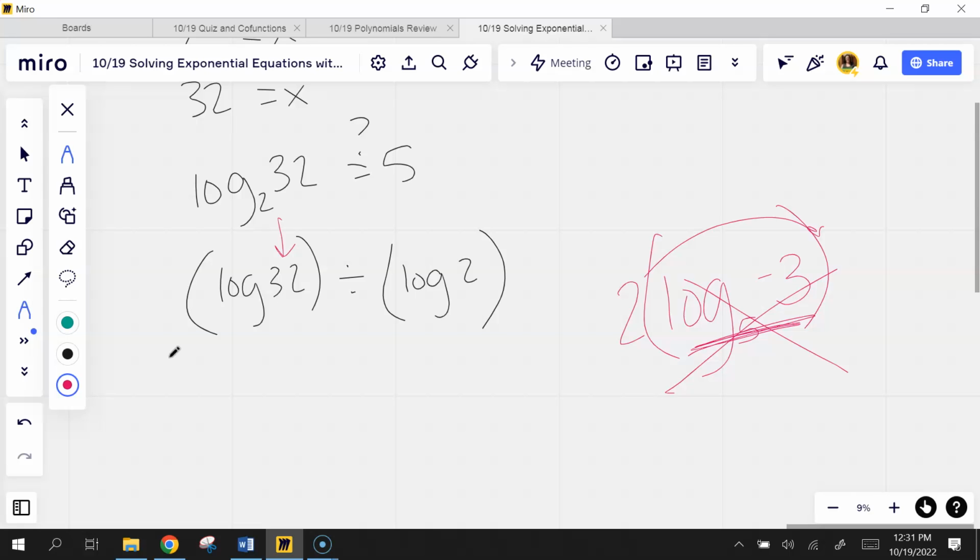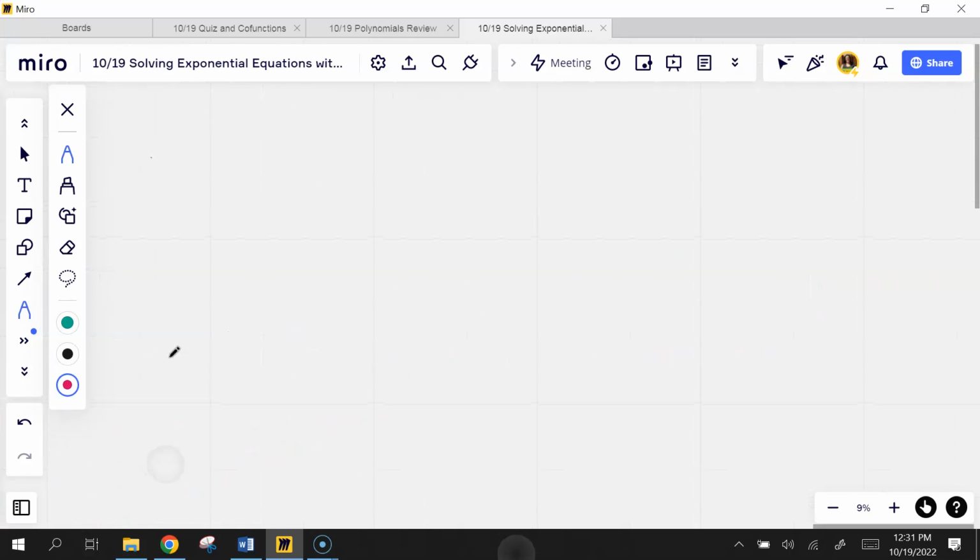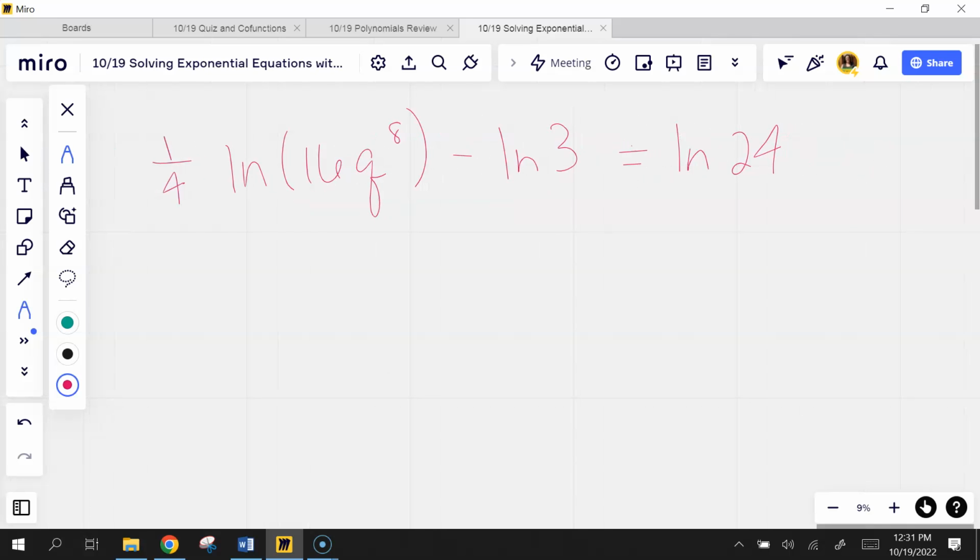You said 5, Cameron? Yeah. 1/4 natural log 16q8. Your trick to these is being able to condense them before you start. The better you are at condensing and getting it worked down to something simpler, the easier it'll be to solve it.